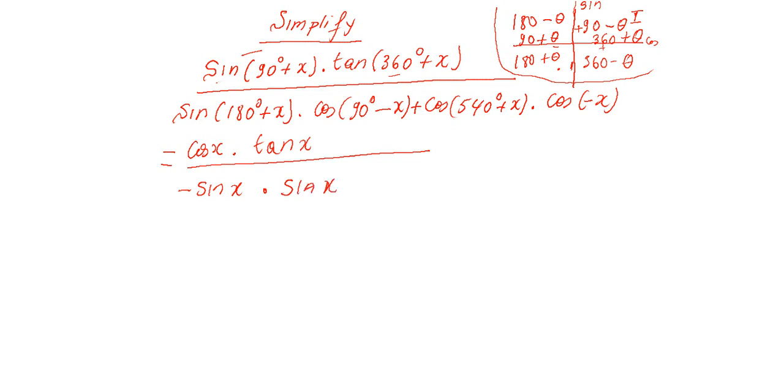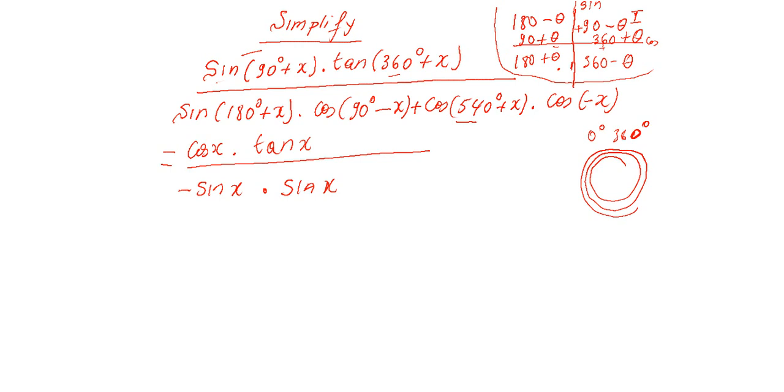Now we have an angle which is 540. You mustn't be scared when you see a big angle, because remember we say our angle goes in the Cartesian plane from 0 to 360 degrees. But remember also it depends on the number of turns of the Cartesian plane. The more turns you go, you add 360 degrees each time. But in order to do the reduction formula, you just need to find the corresponding angle of 540 in the first turn of the Cartesian plane.